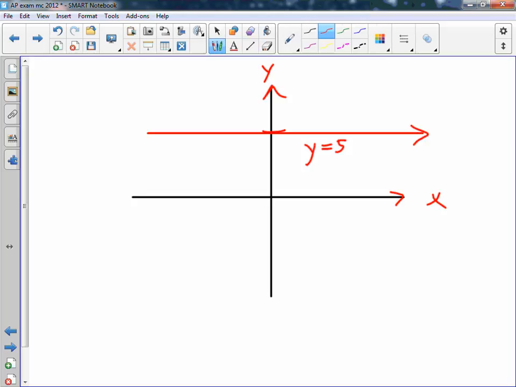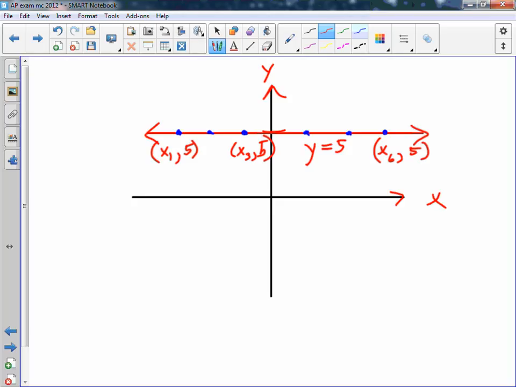If we say y equals 5, then that is a horizontal line where every point on here, this is the set of coordinates, is some x value, comma, 5.